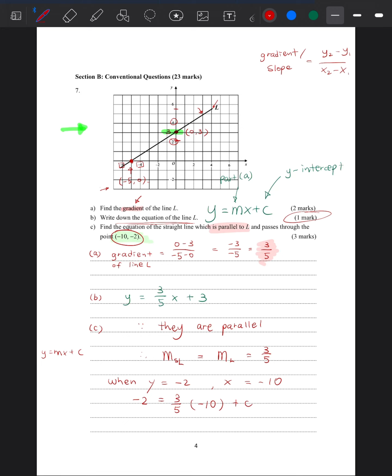And then you can solve it to find your c. So in this case here, solve it, and your c should be 4. But this is not finished, so you have to write down, therefore, y equals 3 over 5 x plus 4. So this is your final answer. So make sure you write this final step.